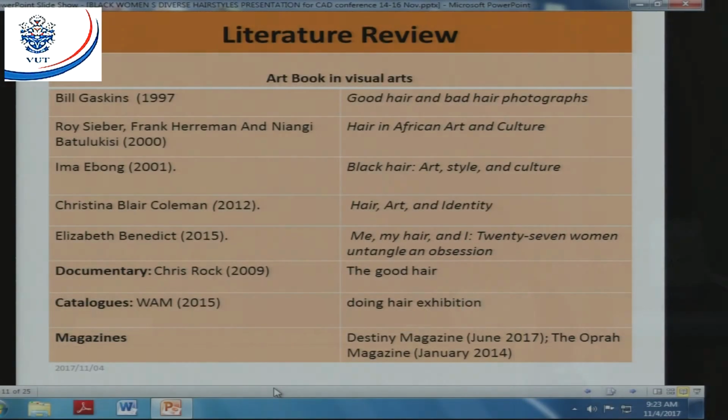Then there's Robbie Senga and Nangi, Hair in African Culture. This is a book that was published after an art exhibition that took place in Africa. In this book, they focus only on sculptures that talk about hair, that express hair. The book that I've also looked at is Black Hair, Art, Style, and Culture.